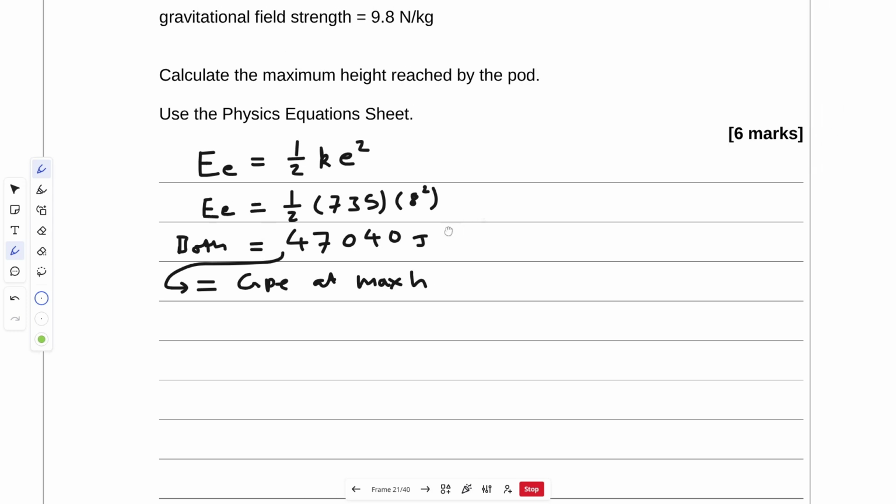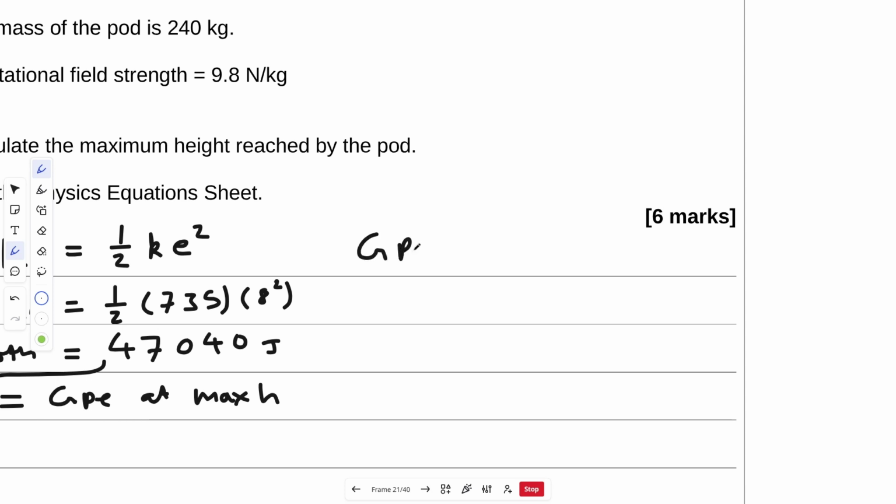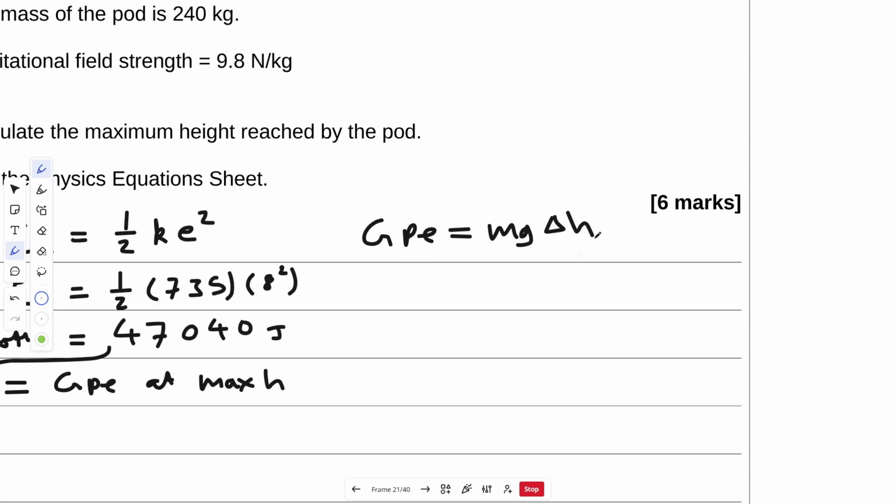So therefore, the equation for gravitational potential energy, we can write down here, GPE is equal to mg delta h. And we essentially want to rearrange this equation for delta h, which will be our change in height. So let's do that first. Delta h is going to be equal to GPE divided by mg.